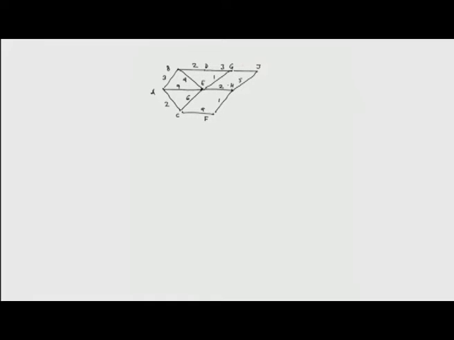J is connected to L, the weight is 5, H is connected to L, the weight is 9, F is connected to I, the weight is 2, I is connected to K, the weight is 2 again, H is connected to K, which is 6, and K is connected to L, which is 3.